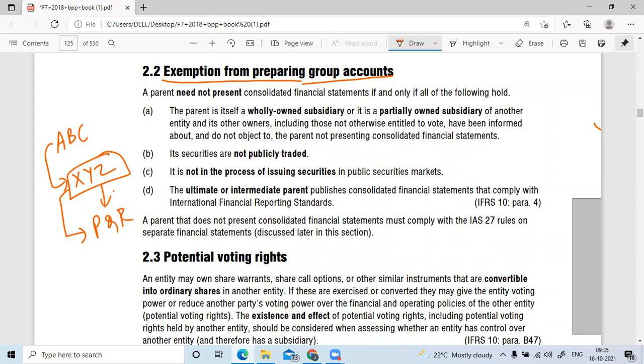Yes, when a company is already a subsidiary to some other company, it cannot prepare group accounts. Only ABC is entitled to prepare group accounts.